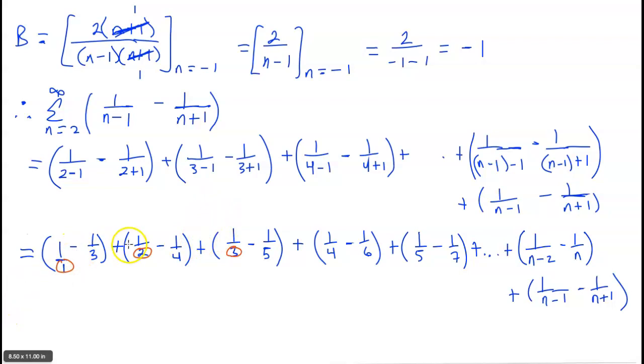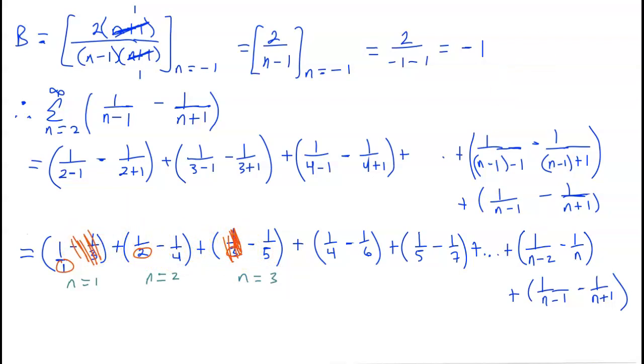So if I come here, notice that this negative 1/3 and this positive 1/3 are going to cancel to 0. I'll go ahead and write this too: remember this is n equals 1, this is n equals 2, this is n equals 3. So at the n equals 3 point, we have something canceling.